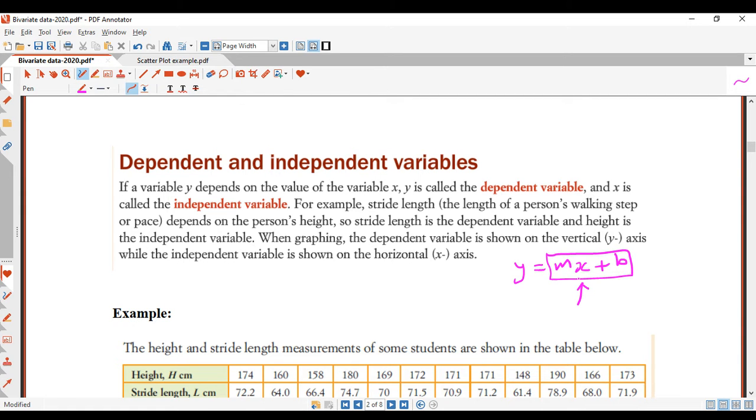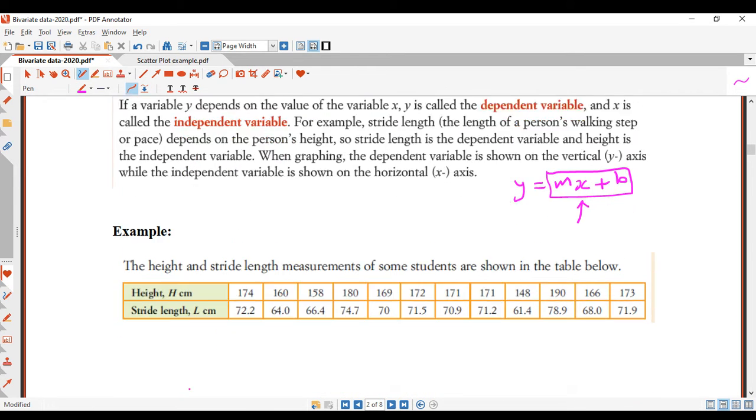So I'm choosing the x values, which means they are the independent values, and the y values depend on what I choose. So the y is the dependent variable. You can also remember it quite often as the subject of the formula is the dependent variable.